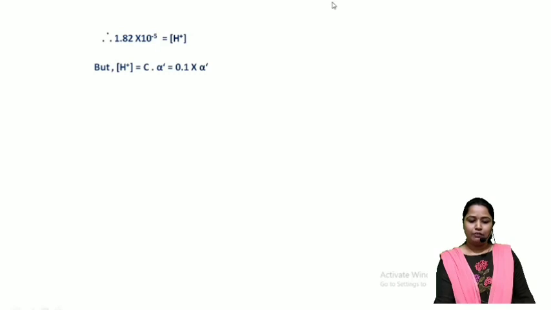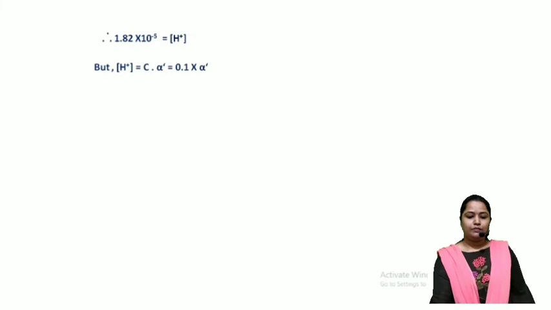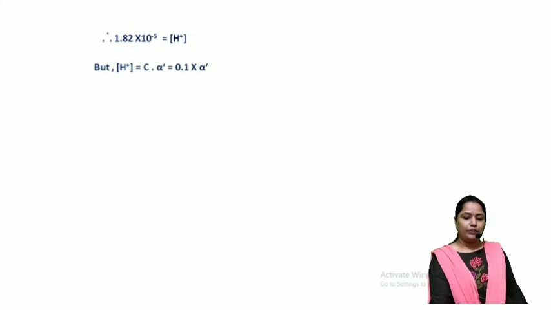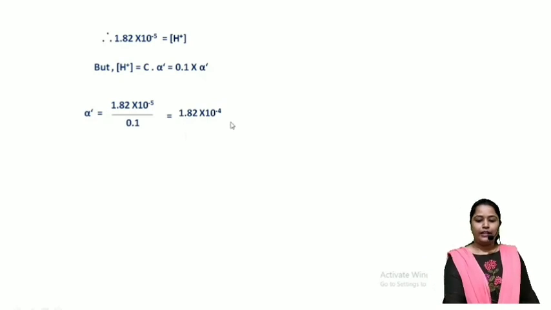Therefore, we get alpha dash is equal to 1.82 into 10 raised to minus 5 divided by 0.1, since the concentration of H plus ion is equal to 0.1 into alpha dash. Therefore, alpha dash is equal to the concentration of H plus ion divided by 0.1. Okay. Therefore, we get the value of alpha dash is equal to 1.82 into 10 raised to minus 4.